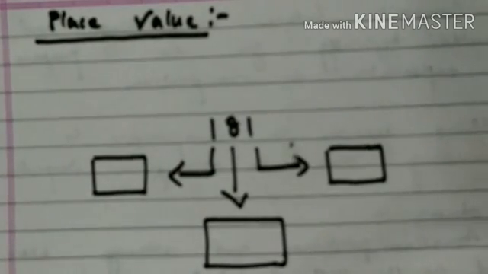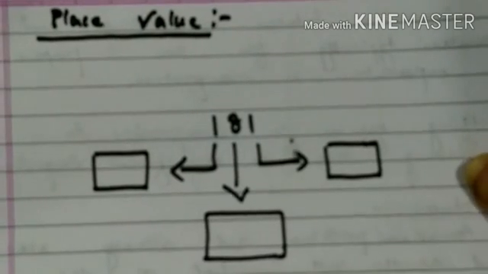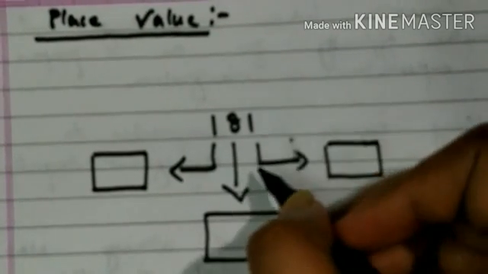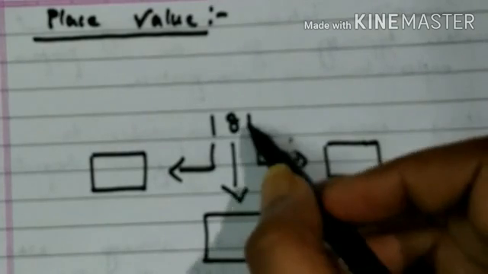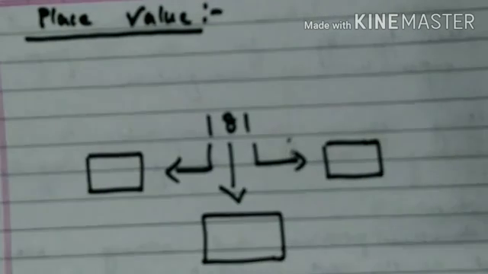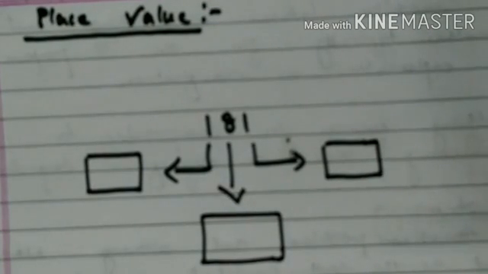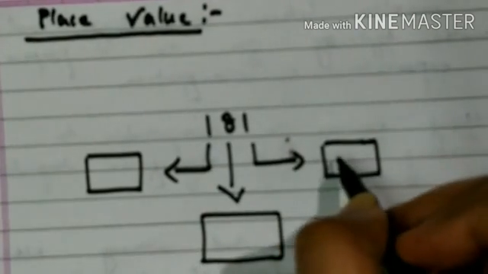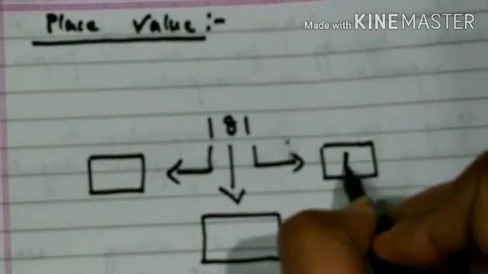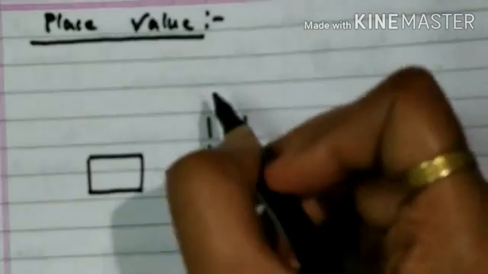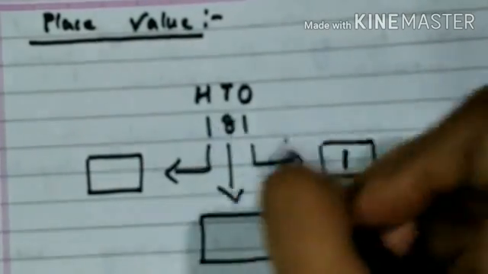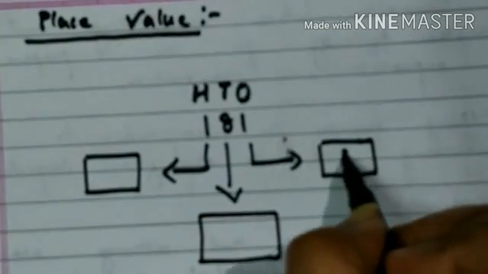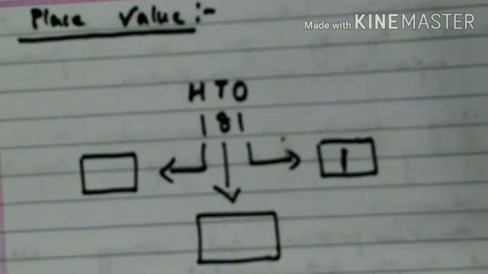Now we will solve the sums. Here you can see 1. How will you put 1? 1 is at ones place. See, 1, 10, 100. You will write 1.